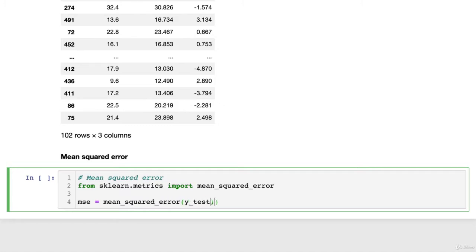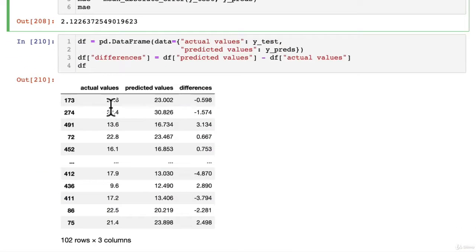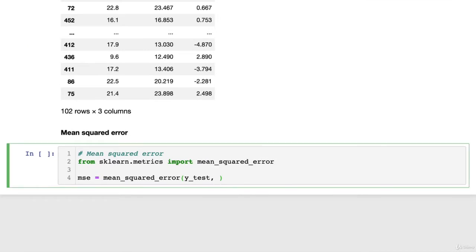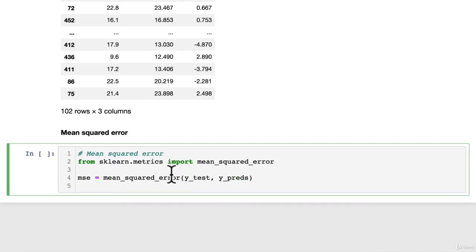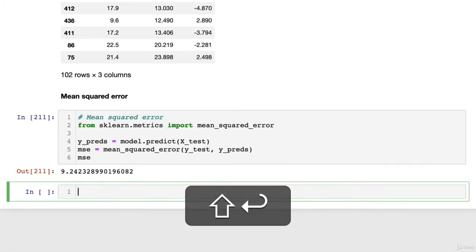Then we're going to take the y_test labels, and for completeness, we'll make y_preds equals model.predict on the X_test data, because we want to compare our predictions to the y_test data. Then we're going to have a look at MSE.